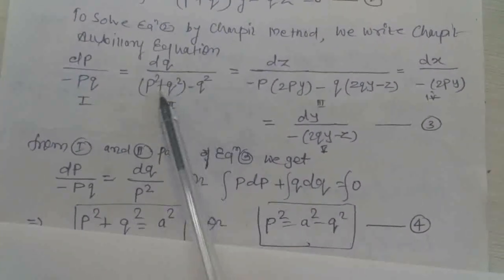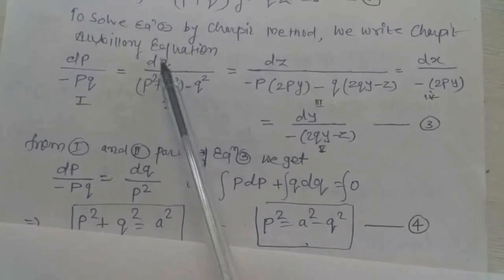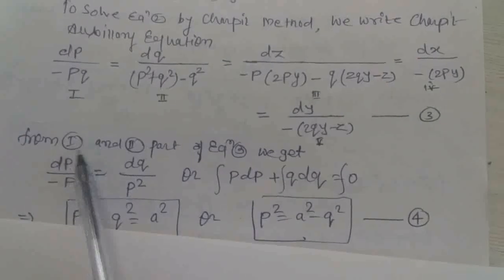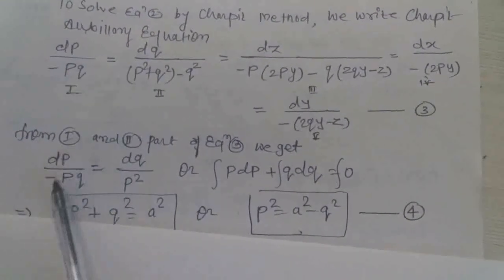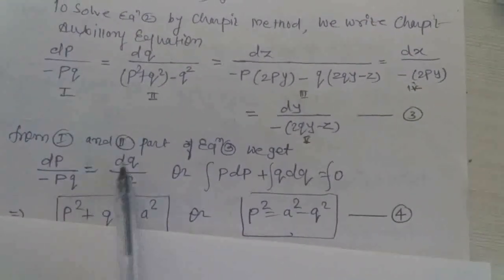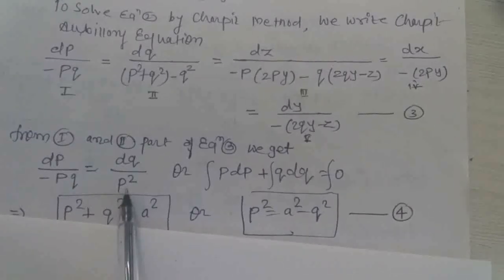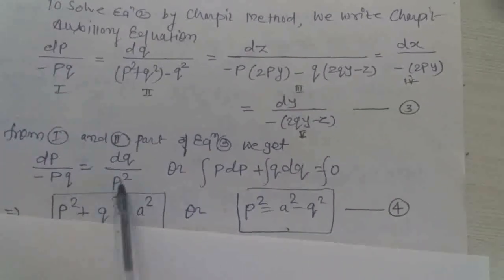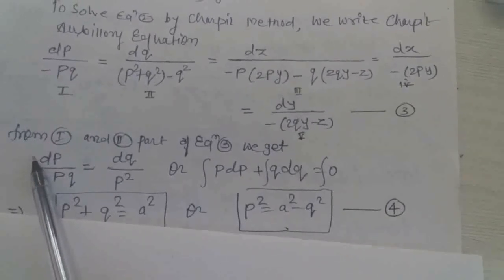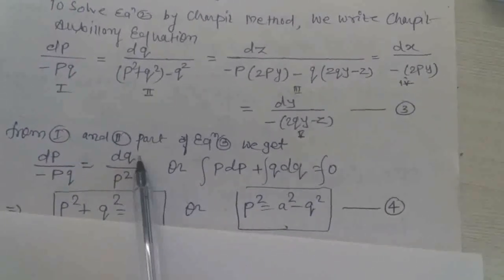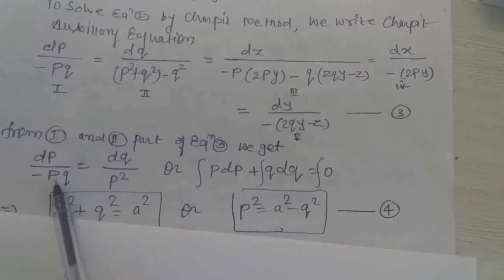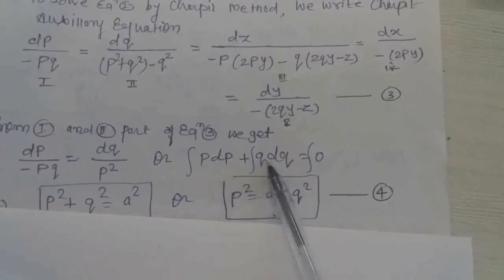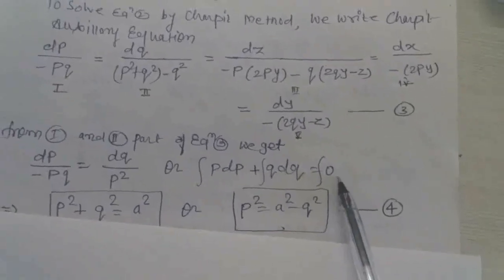So q square cancels and we get dq by p square. So from the first and second part we get dp by minus pq equal to dq upon p square. Again p and p cancel and then cross multiply, we get p dp equal to minus q dq, and transferring this to the left hand side, we get p dp plus q dq equal to 0.